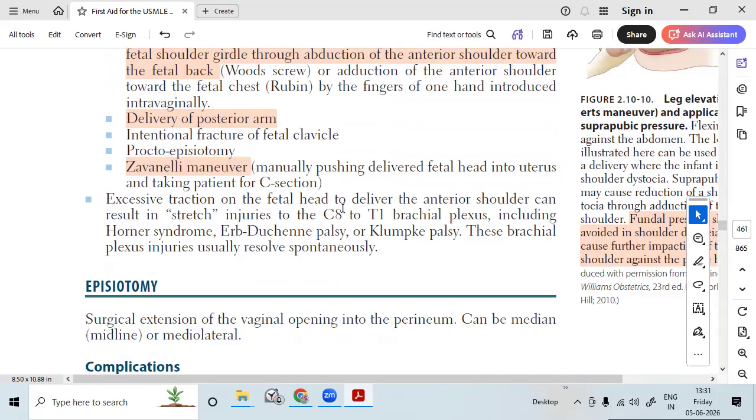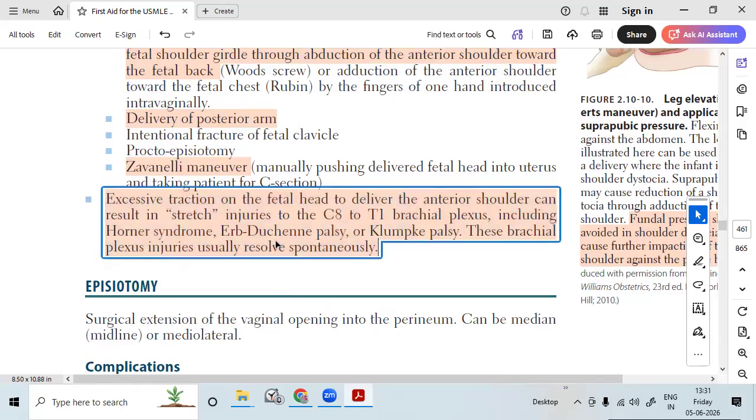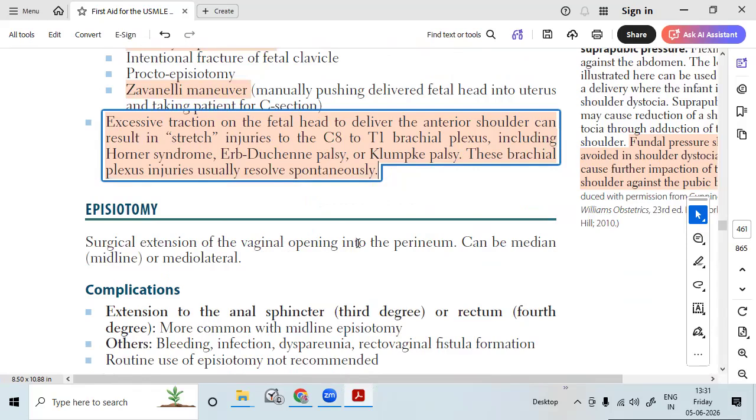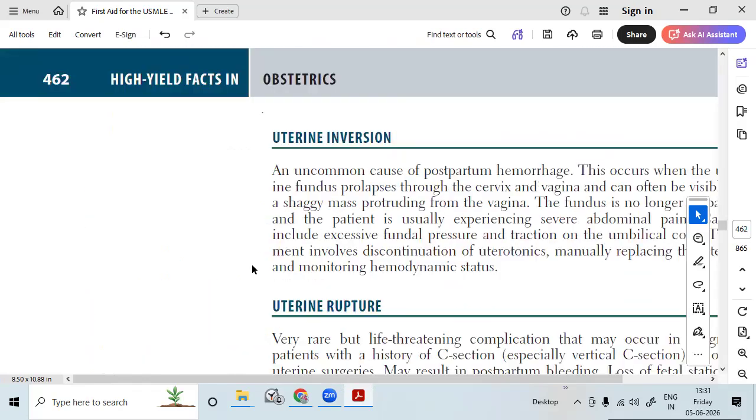Excessive traction on the fetal head to deliver the anterior shoulder can result in stretch injuries to the C5 to T1 brachial plexus, including Horner syndrome, Erb-Duchenne palsy, or Klumpke palsy. These brachial plexus injuries usually resolve spontaneously. Episiotomy. This is the surgical extension of the vaginal opening into the perineum and can be median or mediolateral.